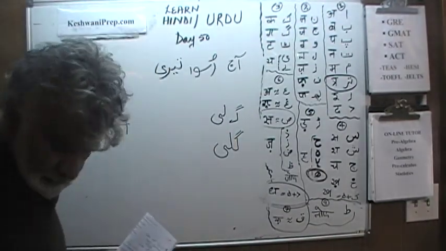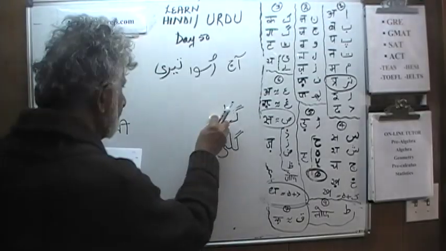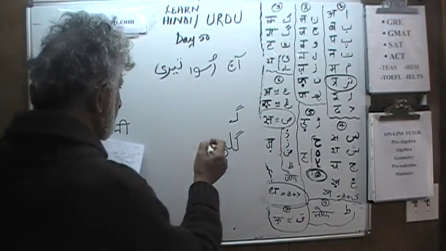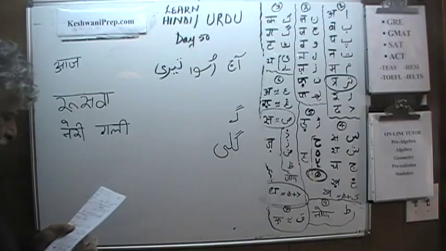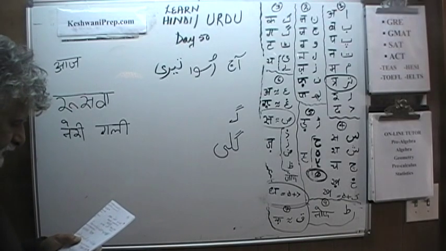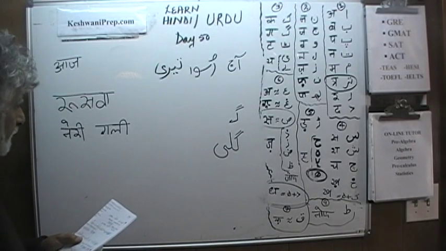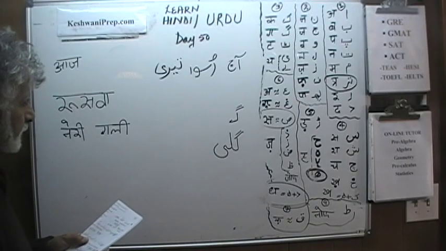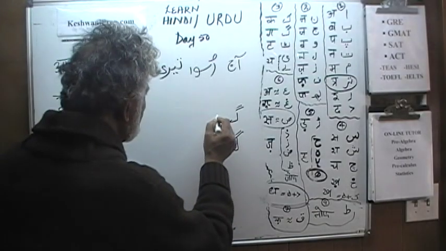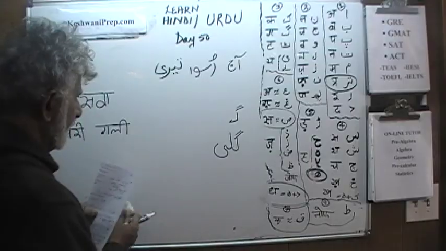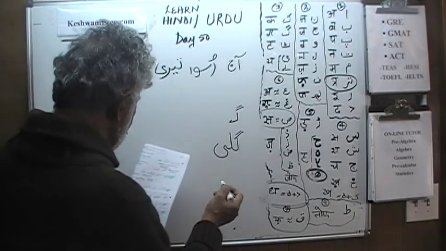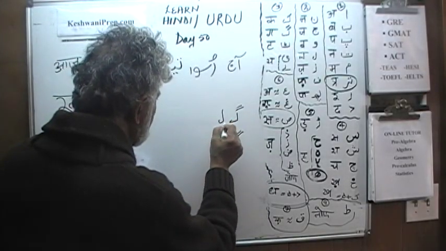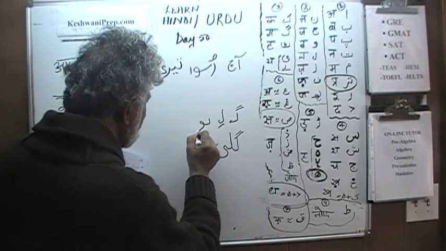Ga. Oh, it's not a badi ki matra. Gali is, in my notes, a choti ki. All of a sudden it became choti ki matra. How would that work? No, it's a badi ki matra. I don't know. This is what I have written here. Ga, li, yon.